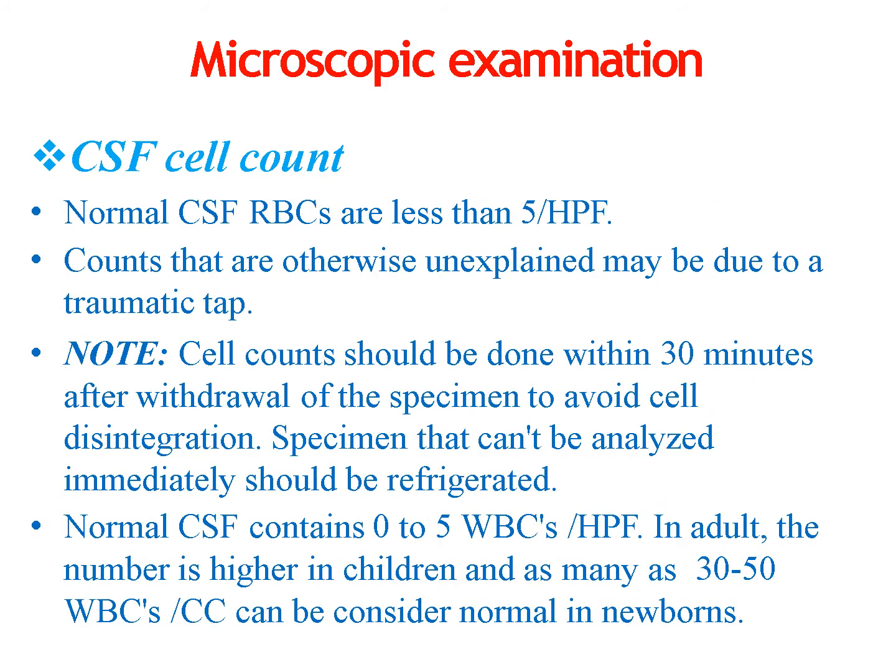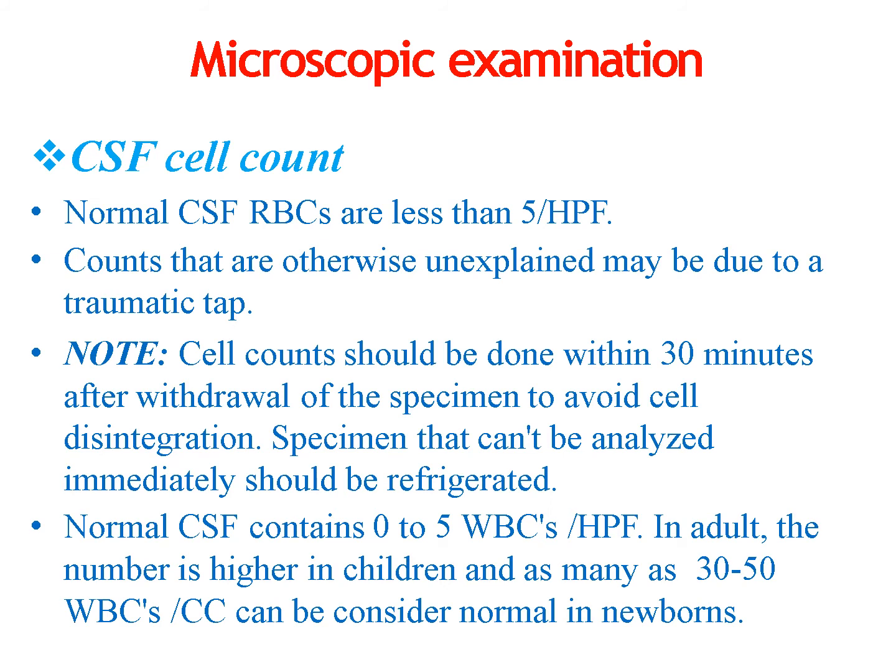With regard to microscopic examination, CSF cell count, normal CSF RBCs are less than 5 per high power field. Counts that are otherwise unexplained may be due to a traumatic tap. It is to be noted that cell counts should be done within 30 minutes after withdrawal of the specimen to avoid cell disintegration.